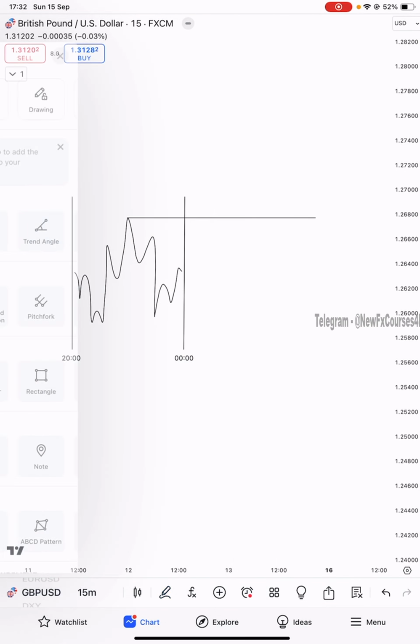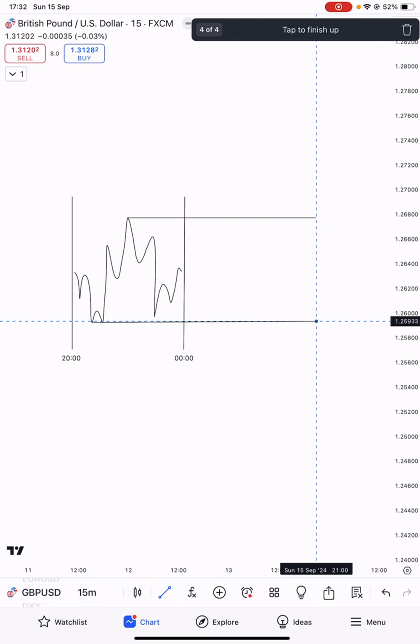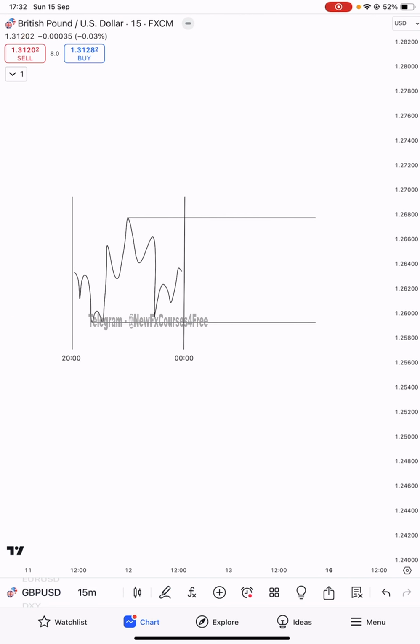Is it a pattern? No, because now there is the Asian range pattern. If you can find it online, it's not an ICT concept, it's a pattern historically known. So one side to the other side.